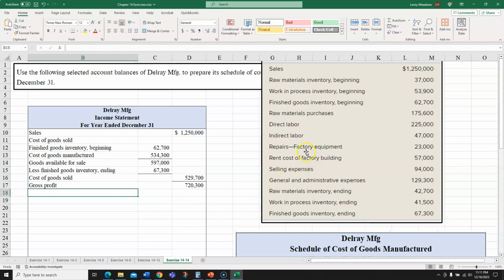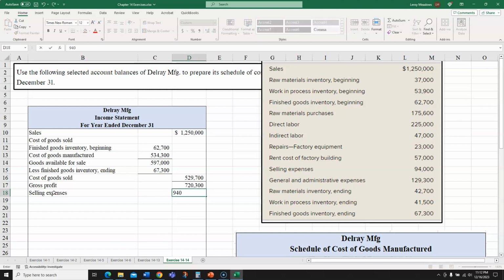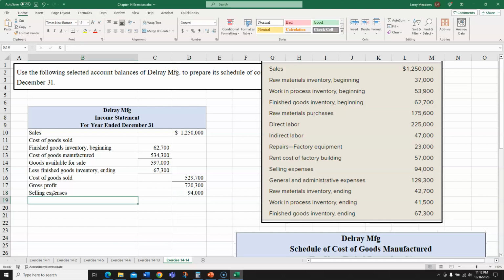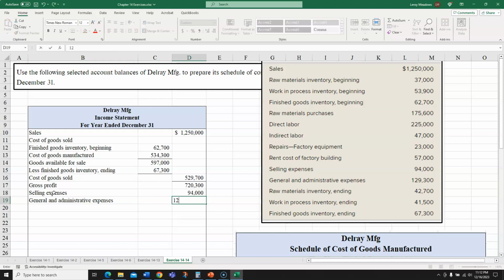So what do I have here? I have selling expenses and general and administrative expenses. So we'll put selling expenses, 94,000 we're going to subtract out, and then general and administrative expenses of $129,300. So some more expenses we need to account for.